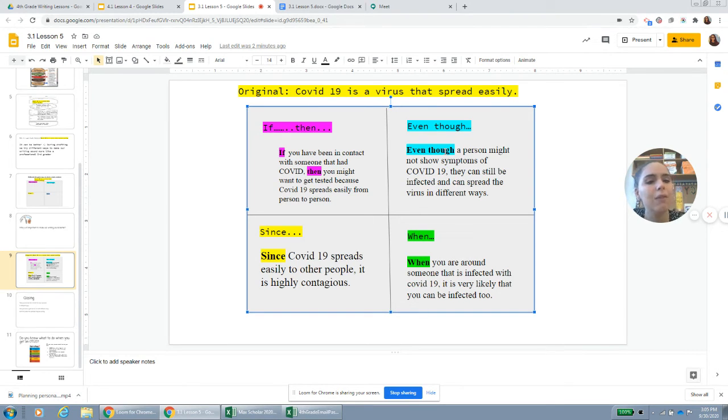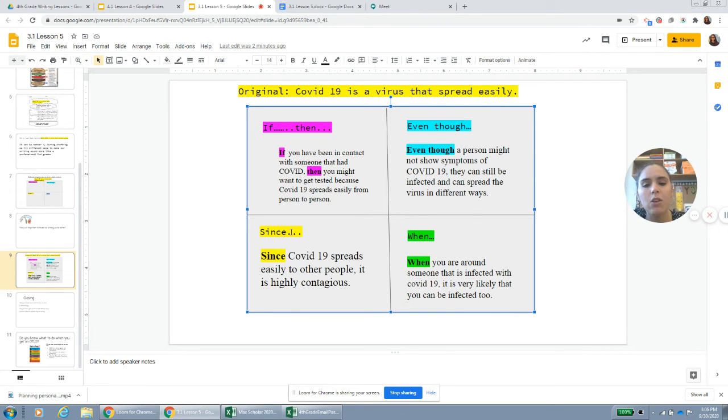So again, I said, even though a person might not show symptoms of COVID-19, they can still be infected and can spread the virus in different ways. Again, I'm still saying that COVID-19 is a virus that spreads easily, but I'm saying it in a way that's more catchy, right? Someone reading this is going to be interested in what I'm saying. They're not going to get bored.